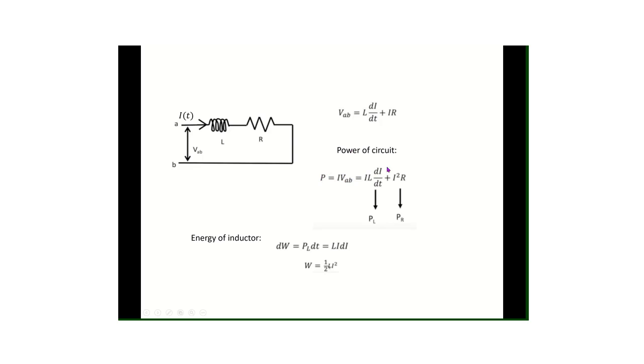Multiplying by I, we obtain the power for the inductor. The energy is equal to P dt, and if P is I L dI over dt for the inductor, times dt, then we obtain that the energy of the inductor is equal to L I squared over 2.